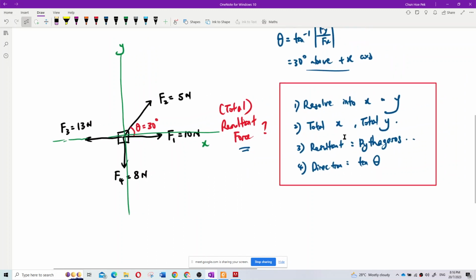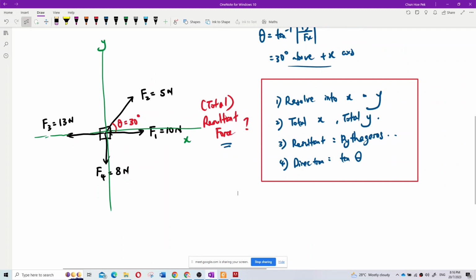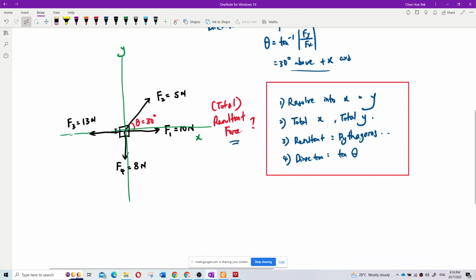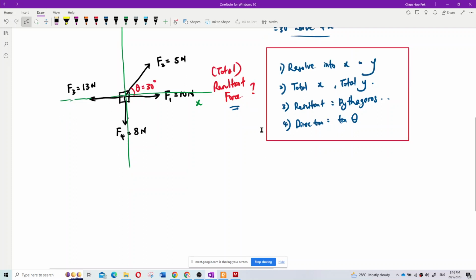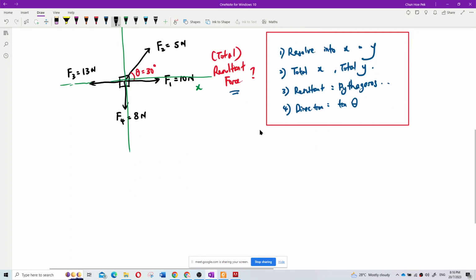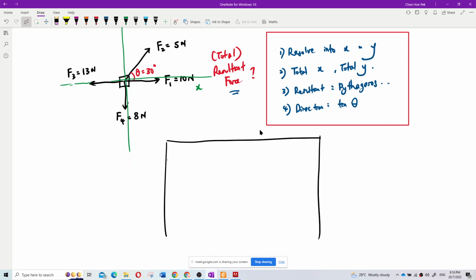Okay, so first we have to resolve the vector. Let's just do this question. Resolve the vector, put into table form. So I draw a table first. We have x component, we have y component.